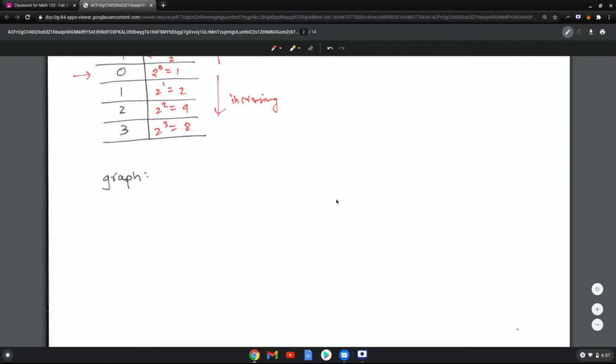And what does the graph look like? Let my inputs be 0, 1, 2, 3, -1, -2, -3. Let's say 8 is somewhere here, so halfway is 4, 2, 1, then I have 1/2, 1/4, 1/8.